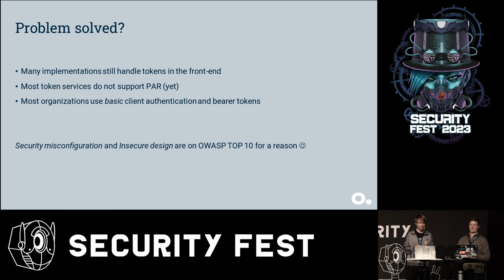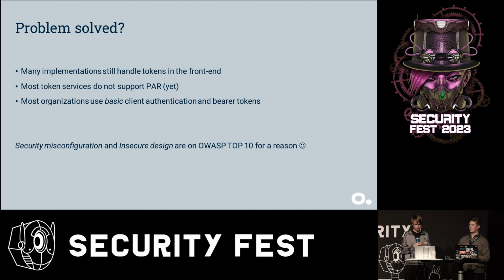A lot of what we see today are systems still handling tokens in the front end. A lot of token services don't yet support pushed authorization requests, and the specification for PAR will most likely be finalized this year. So with that, we hope that adoption can increase.